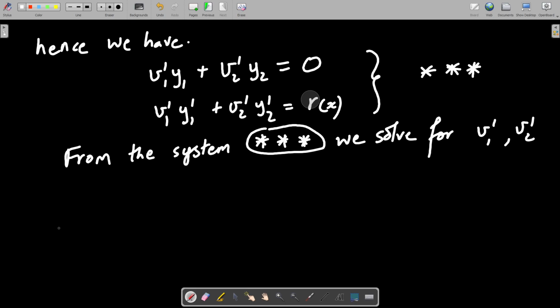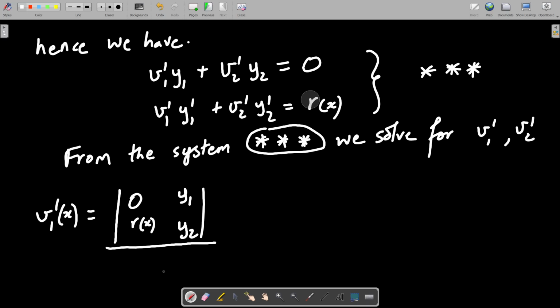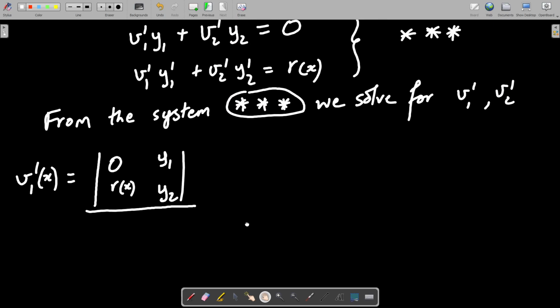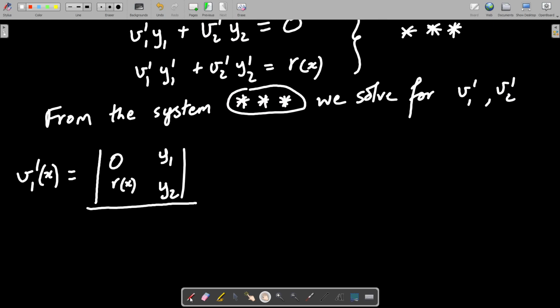So from Cramer's rule I conclude that v1 prime of x should be equal to the determinant of 0, r of x, and here you will get y1, y2, upon this determinant y1 prime, y2 prime.